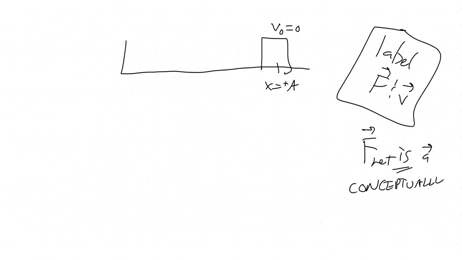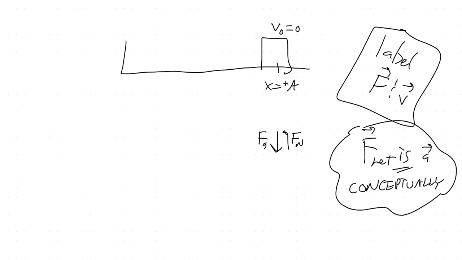We also know that because this is horizontal, gravity and normal force cancel, and therefore the only net force is the spring force. So F net is the spring force. That makes our lives really easy. So we start out at v equals 0, and we start out at some negative F. Cool. That means we have a negative acceleration. Careful. Negative doesn't necessarily mean slowing down. In this case, negative means speeding up.